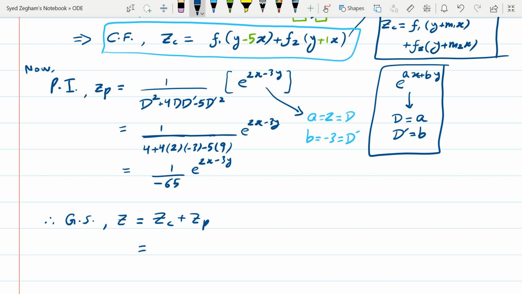Our zc is equal to f1 of y minus 5x plus f2 of y plus x.